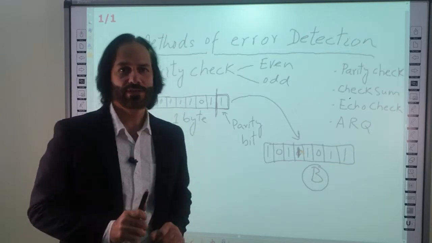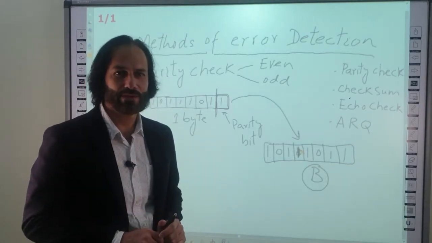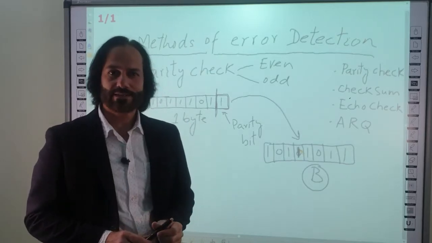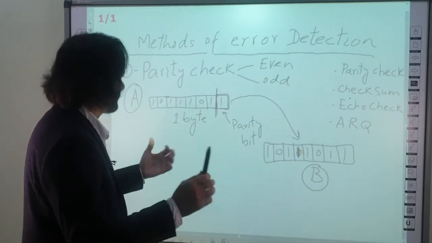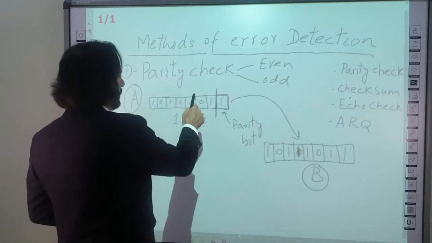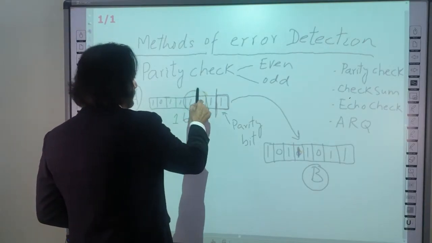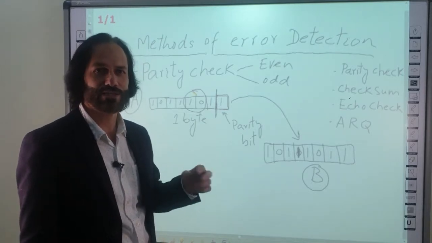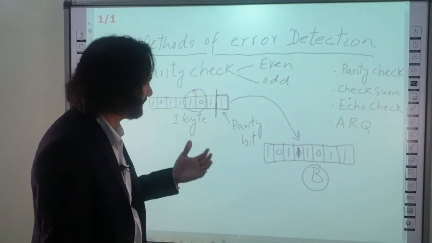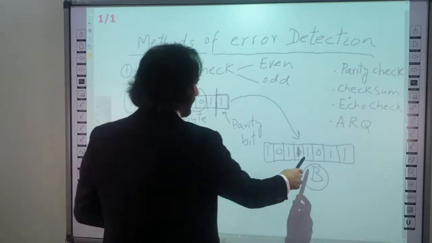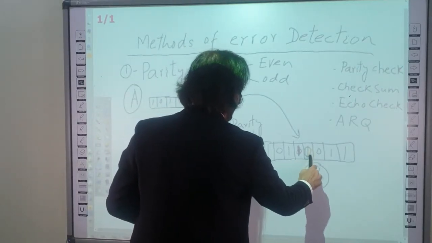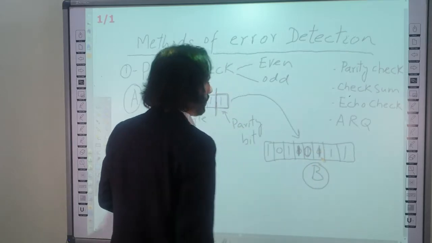But there is one limitation with this method. For example, two errors occur at the same time, two bits change at the same time. For example, I change these two bits during transmission. These two bits have been changed. So this bit became 0 and this bit became 1.